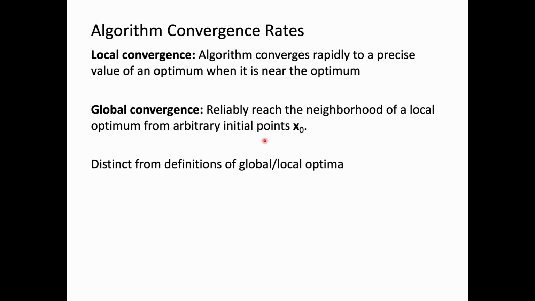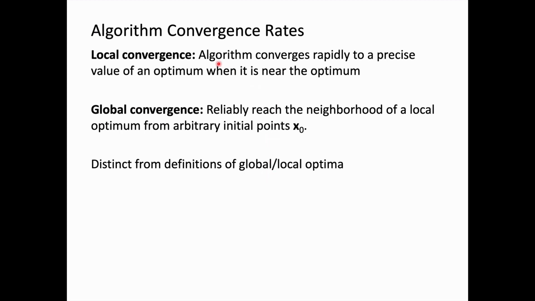I need to be clear here, when I'm talking about local and global convergence, this is a completely distinct thing from when in the past we've talked about local and global optima. So local optima, these are things that can exist in a multimodal problem or non-convex problems, and a global minimum, that is the smallest value objective function that satisfies all of the constraints.